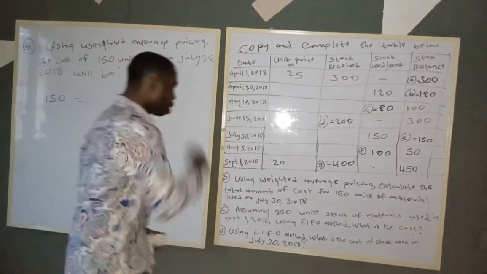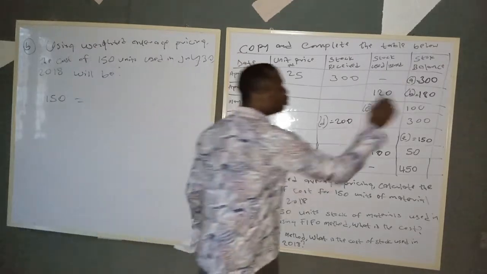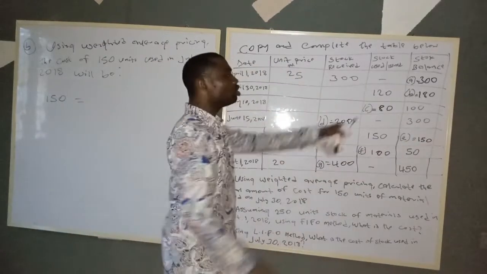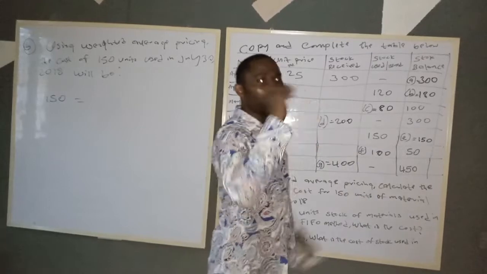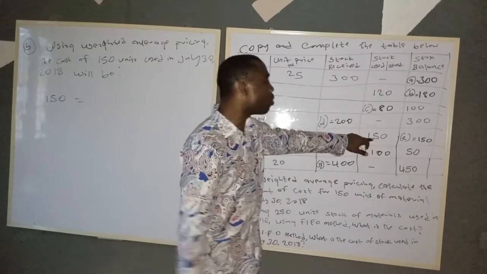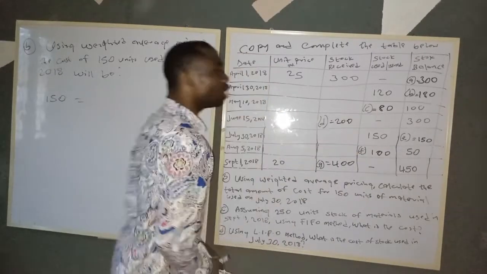So we are going to derive the unit cost of this 300. When we get the unit cost of this 300, that unit cost is what we are going to multiply by the 150 that were used from it. So how are we going to get it?